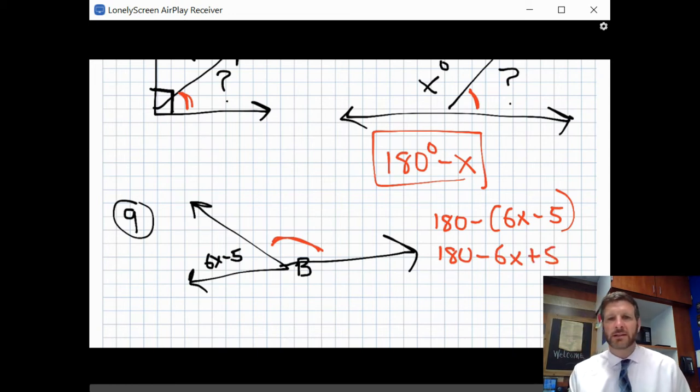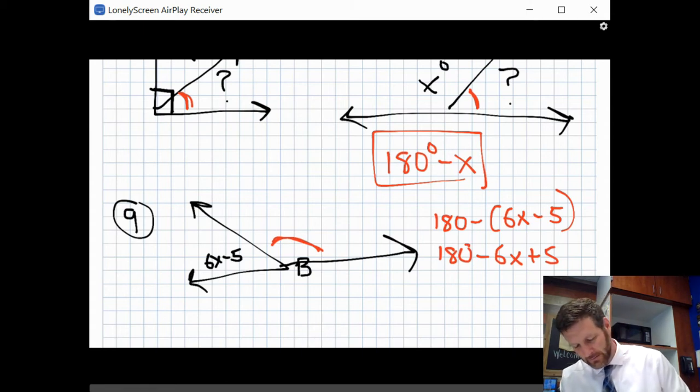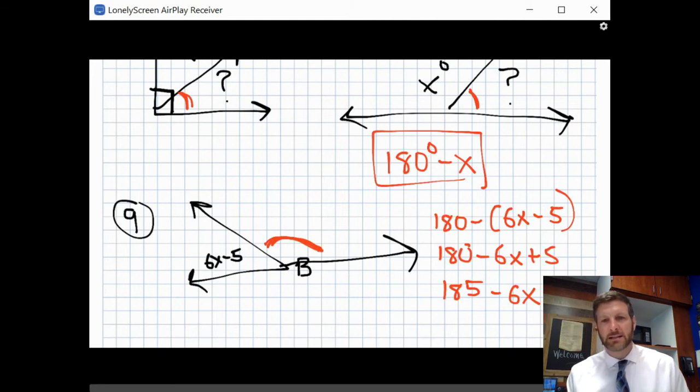Because you're subtracting the 6x, but then you're subtracting a negative 5, and that's like adding 5. All those wonderful integer facts to remember. So this simplifies to 185 minus 6x. This angle here, which I drew very sloppily, would be 185 minus 6x.